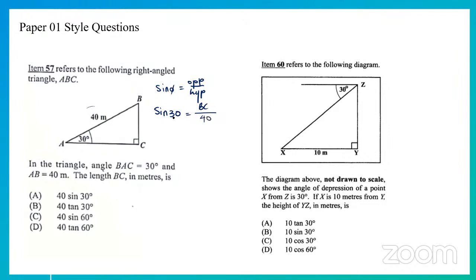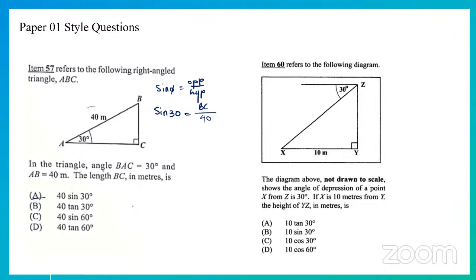So already you can start to look at the responses that are there for you to choose from, and you can tell that B and D are out because they're using tan, and you're trying to use sine. In addition to that, you're working with 30 degrees, not 60 degrees. So already you can probably pick out A. But before we get to that, if you want to go all the way, you can actually transpose for BC to find what the answer is supposed to look like.